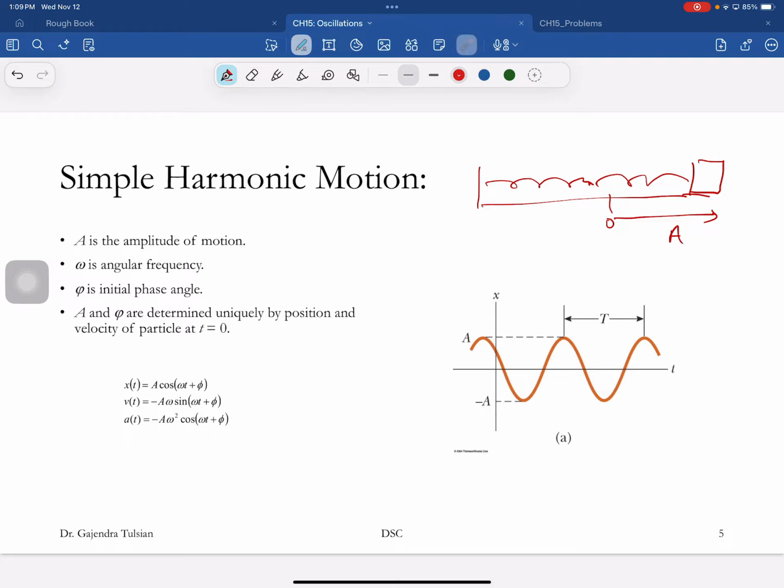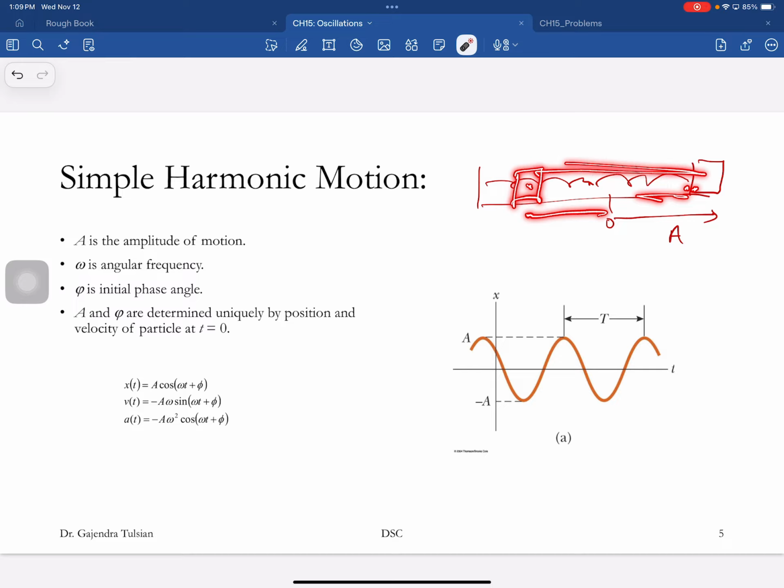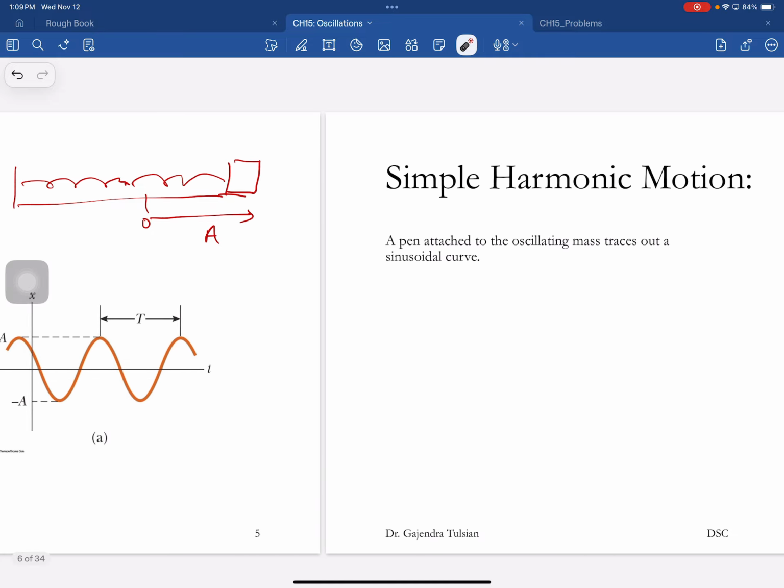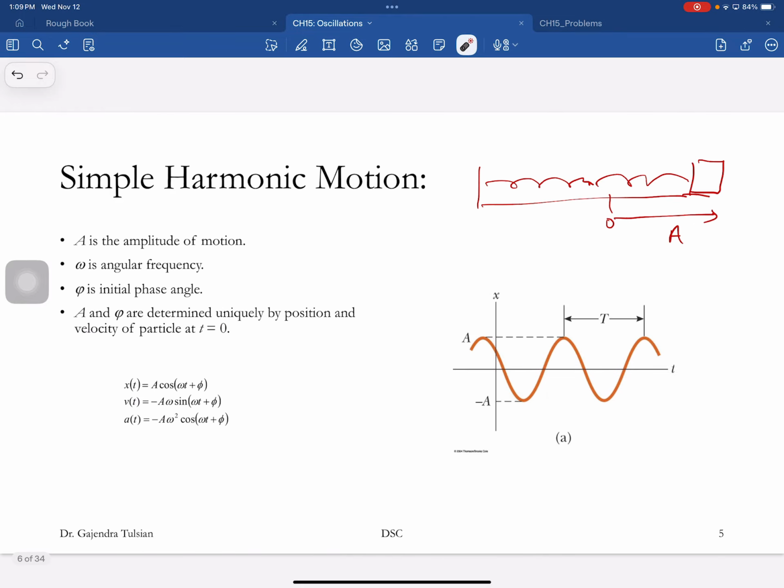And once you let go, if there's no friction, it'll come back to minus A here and then oscillate back and forth like that forever. A is the amplitude, and this entire thing is called the phase. Phi is the initial phase. Omega is the angular frequency. The solution is either a cosine or a sine function.